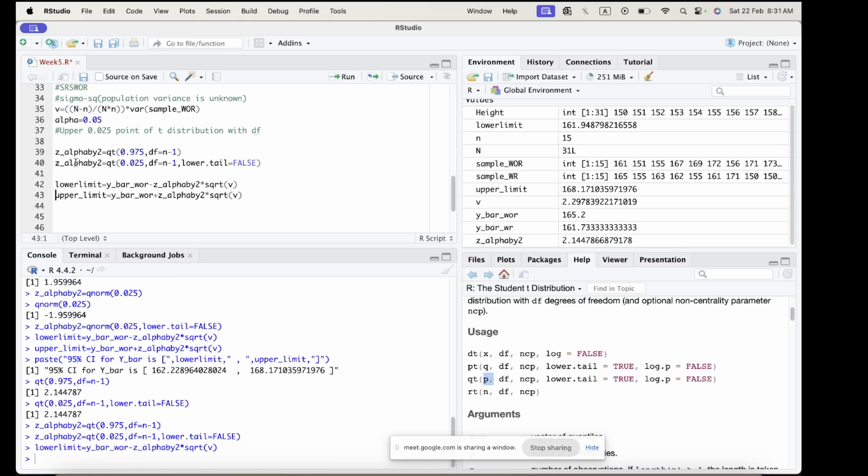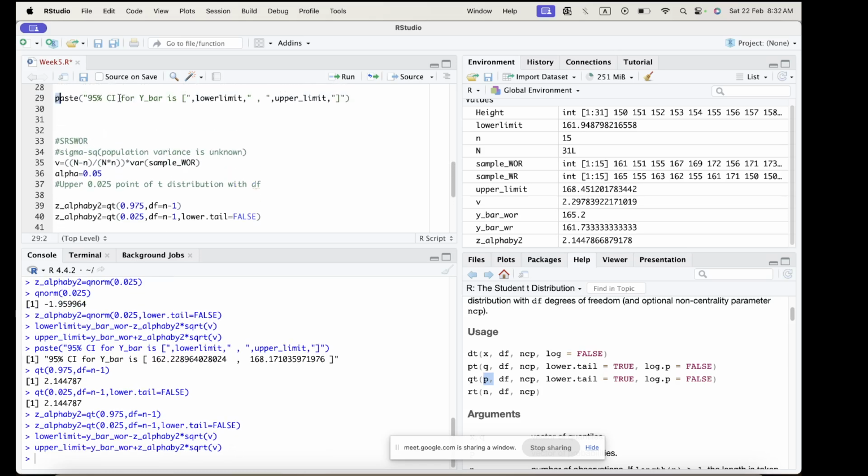So now the lower limit and upper limit are going to change.